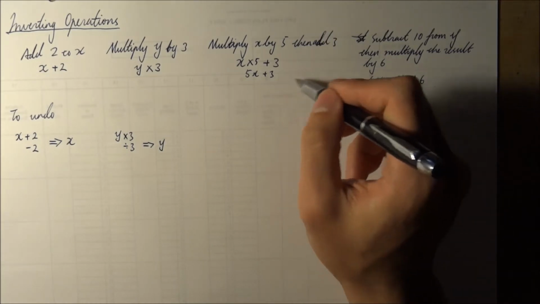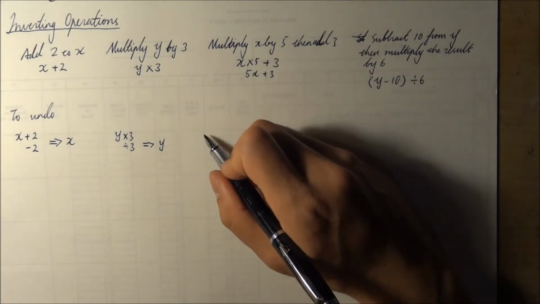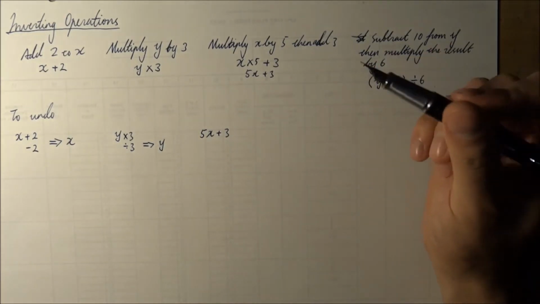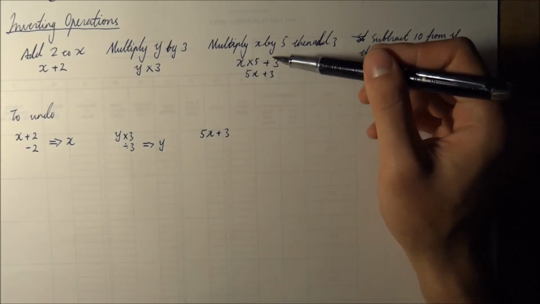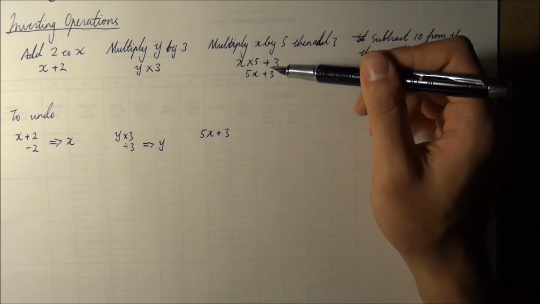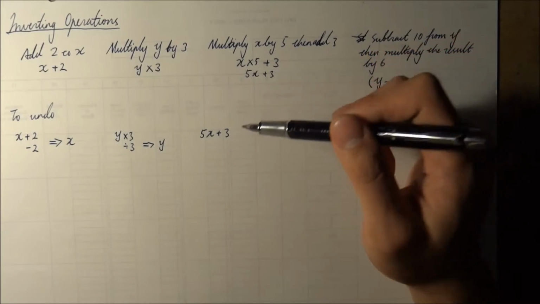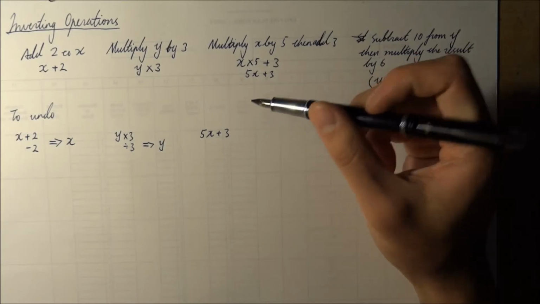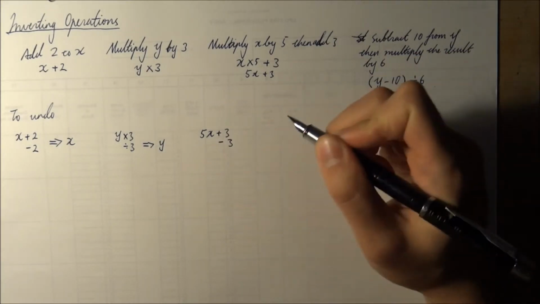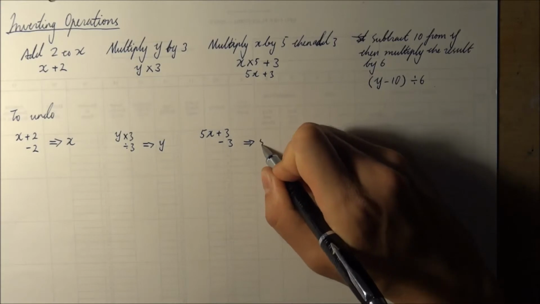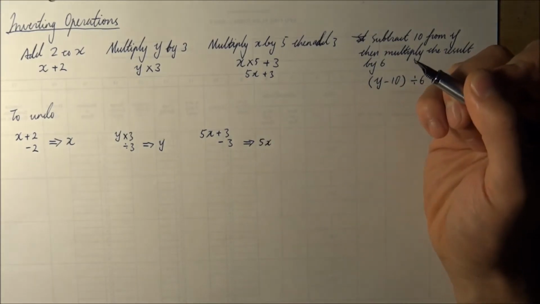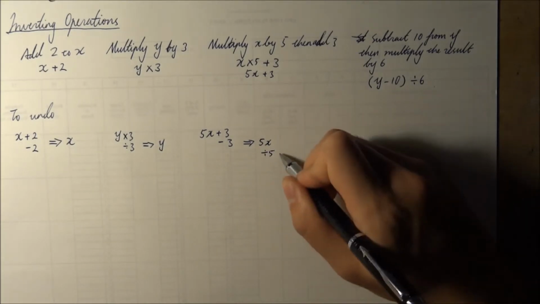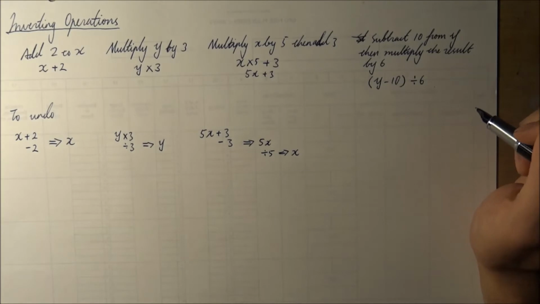Similarly, for the combined operations, we have 5x plus 3. Of course, because two things have happened here, times 5 and plus 3, we have to take 2 steps to undo it. So we have minus 3, which gives us 5x. And then we have to divide by 5, which gives us x in the end.